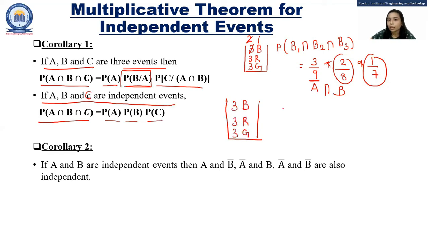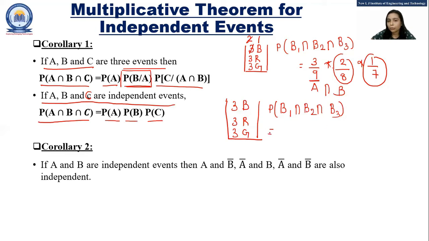First I want to take the first black ball, then the second black ball and the third black ball. So I want to find the probability of B1 intersect B2 intersect B3. B1 represents the event of taking the first black ball. Similarly, B2 and B3 represent the event of getting the second black ball and the third black ball respectively.